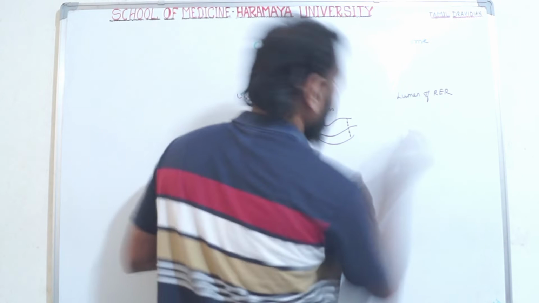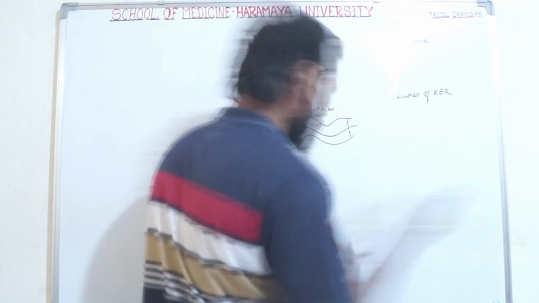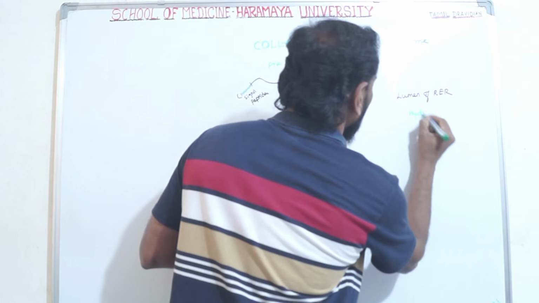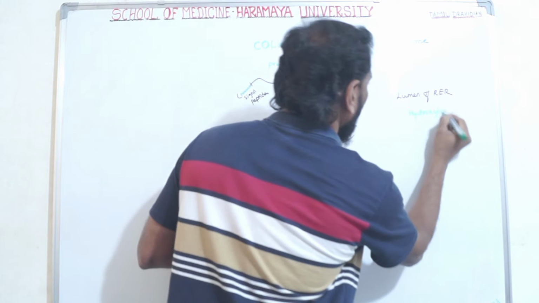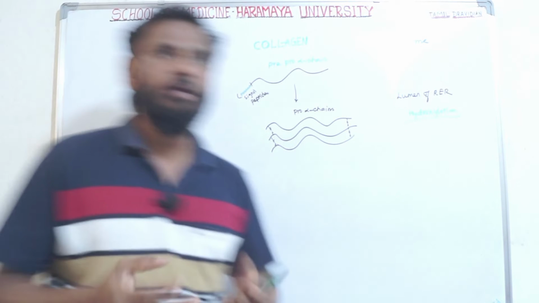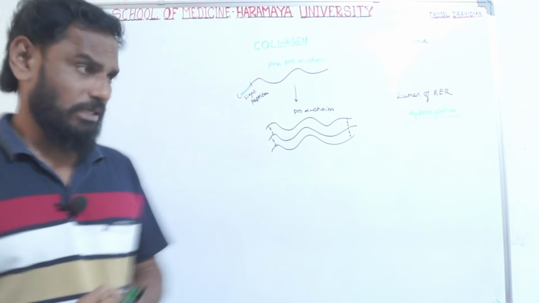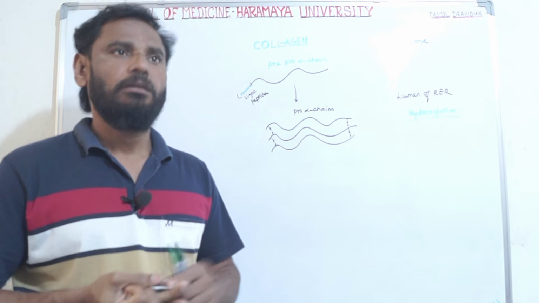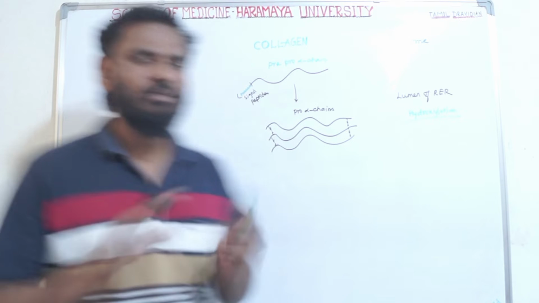Clear? Now the lumen of the endoplasmic reticulum carries out one more reaction, called the hydroxylation reaction. Hydroxylation means, you already know the amino acids containing hydroxyl groups: serine, threonine and tyrosine.